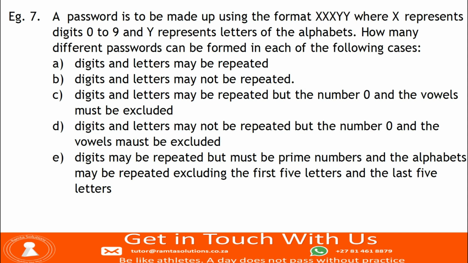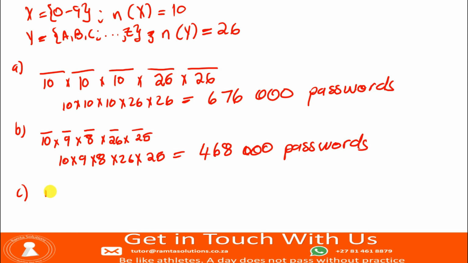Now, let's see. Digits and letters may be repeated, but the number 0 and the vowels must be excluded. So this time, we don't have 0. This means these are no longer 10 digits to choose from, but 9. Then we don't have vowels to choose from.